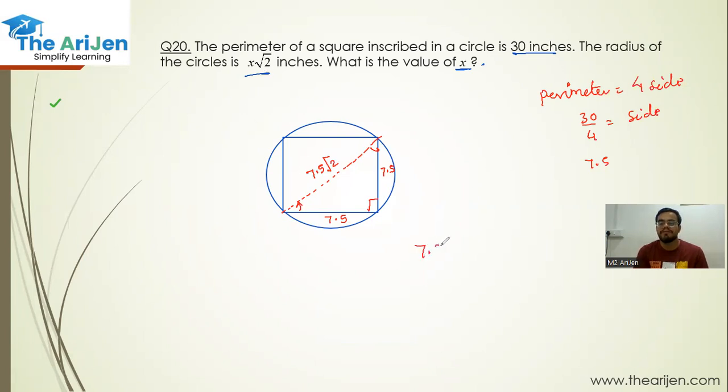So 7.5 root 2 divided by 2 is equals to x root 2. Root 2 cancels, right? So half of 7.5 would be 3.75. Yes, 3.75.